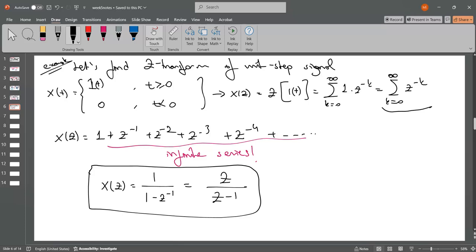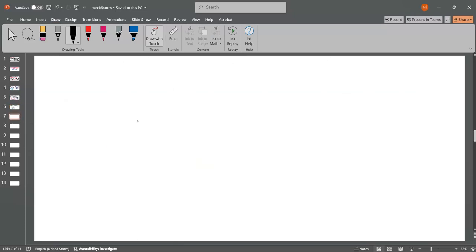Okay. Let's continue with the ramp signal. Example: consider a unit ramp function. Mehmet, what is a ramp function?